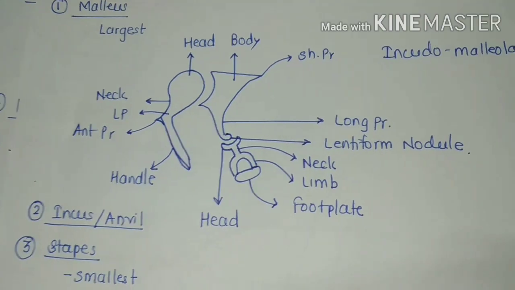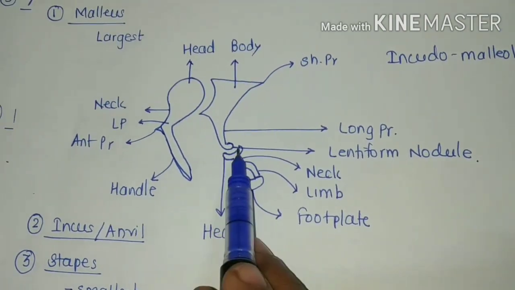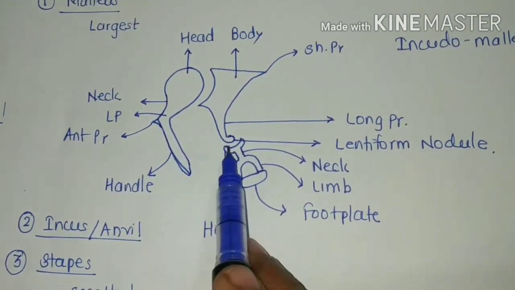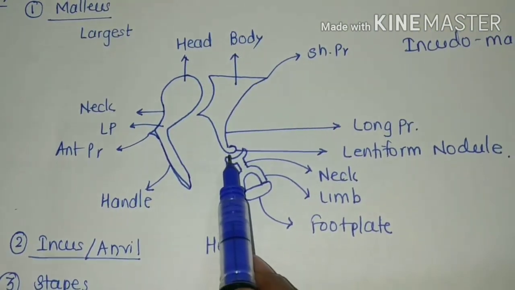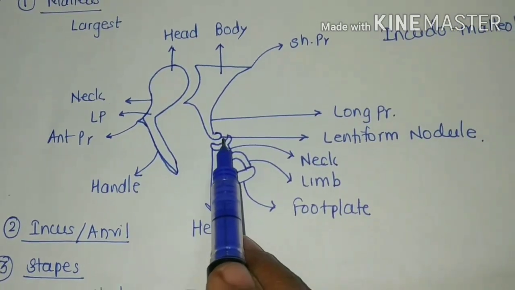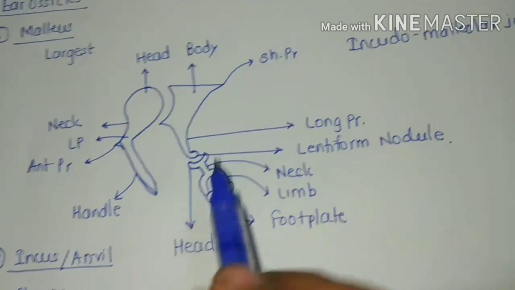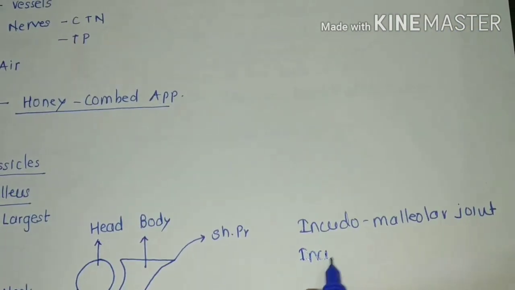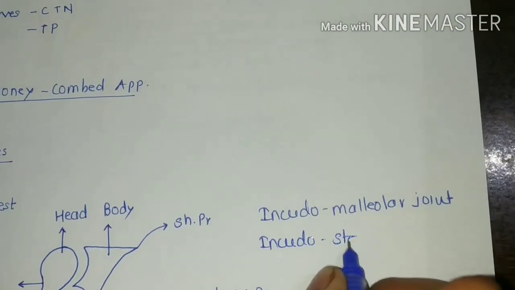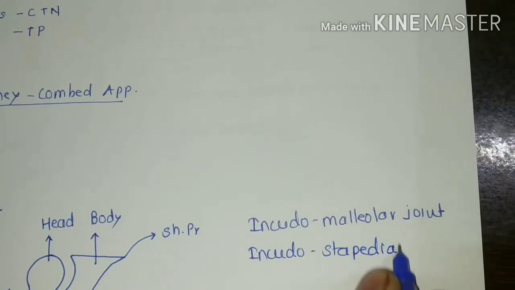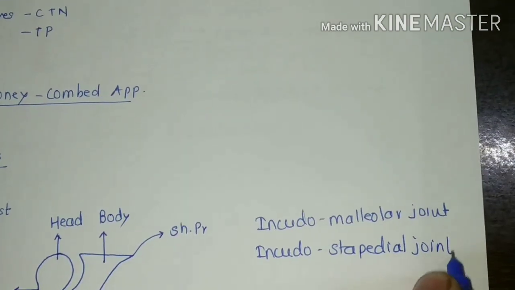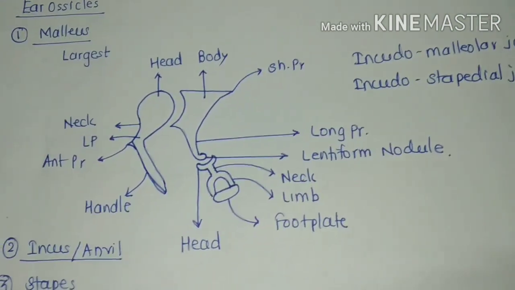Now the head, you can see it is small and it has a cup shaped depression which articulates with the lentiform nodule of the incus, and here it forms the incudostapedial joint, which is a ball and socket type of synovial joint. Clear?